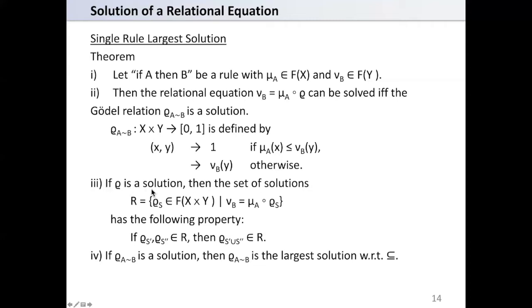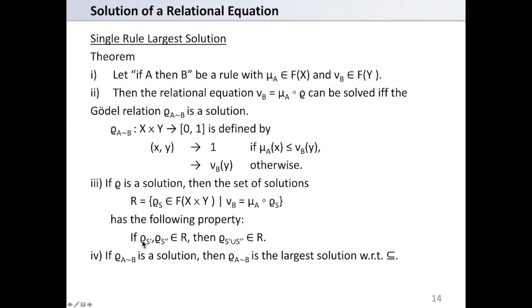If the equation has a solution, then the set of solutions, that is, the elements of the fuzzy sets on X Cartesian Y satisfying the condition nu B equal to mu A composition rho S, has the following property.